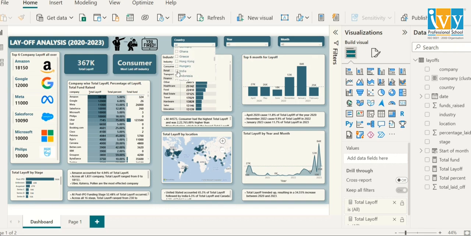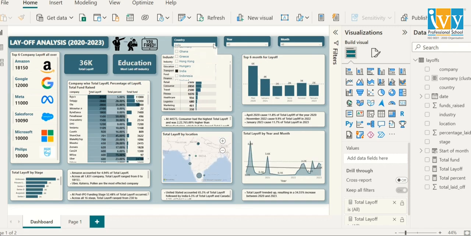If we choose India here, we can see that Baidu, Swiggy, Ola, Whitehead Junior are the topmost companies, where education is the most affected industry from India. And in India, the layoff trend goes up in pandemic time, and most companies are from the south side of India.